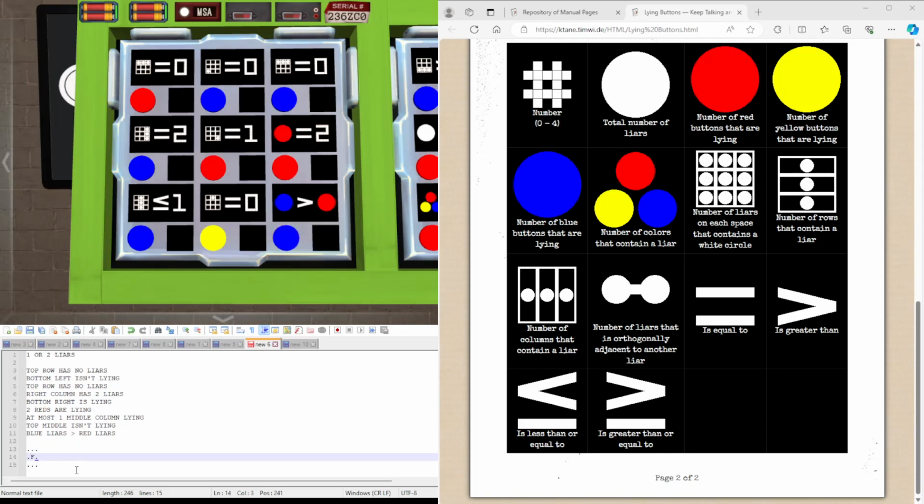So of course this makes this one false, and this one true even, which implies this one's false, which means that in fact the blue lies are not greater than the red lies, it's either equal to it or less than it. That didn't really give us much.